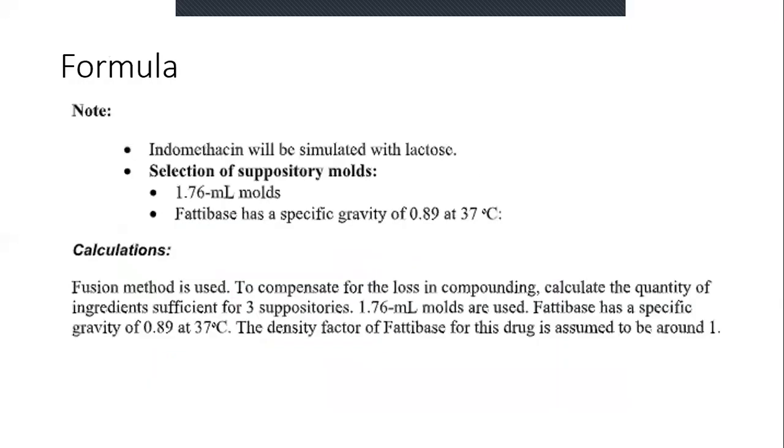Here we have some further compounding instructions. We see that we will be making the suppositories in 1.76 milliliter molds. Another very important piece of information we will need is the specific gravity of fatty base, which is 0.89 at 37 degrees Celsius.